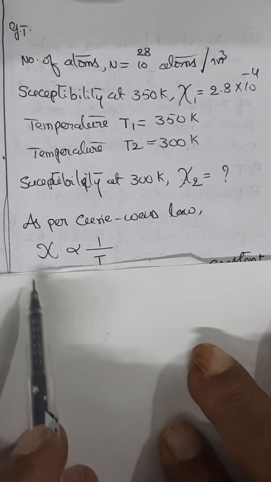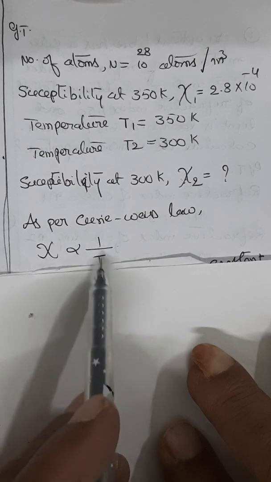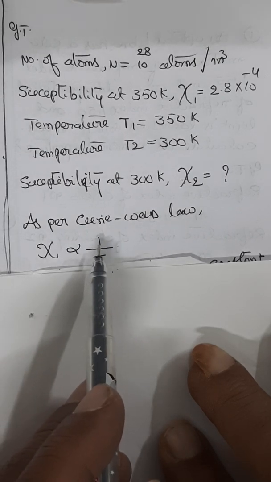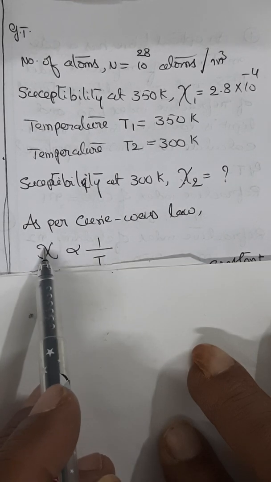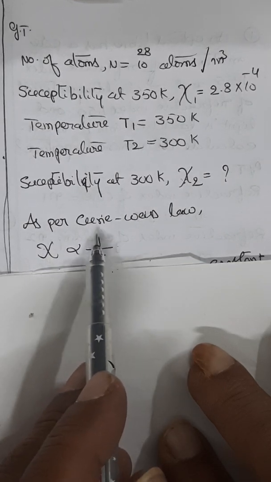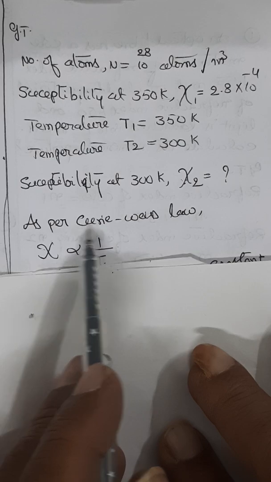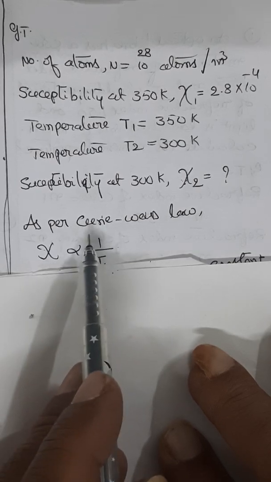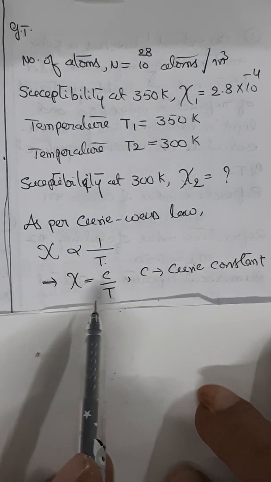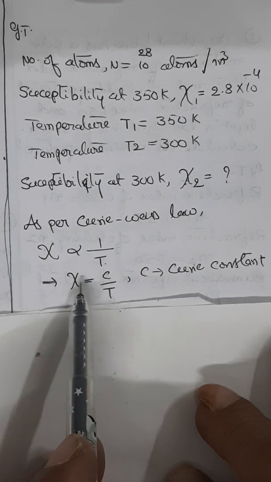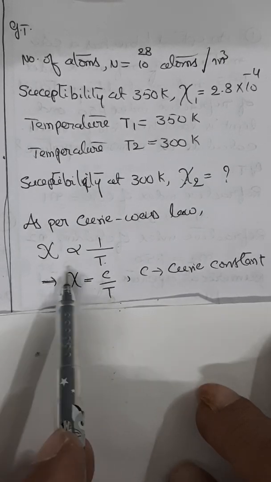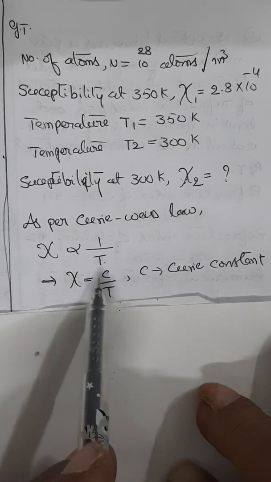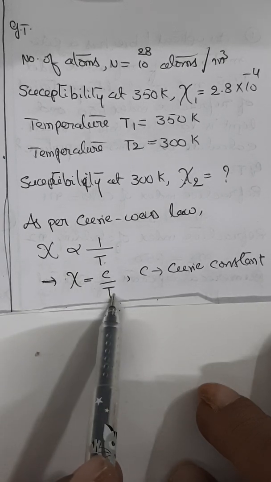Susceptibility is inversely proportional to temperature, which means susceptibility into temperature is equal to a constant. That constant is named the Curie constant C. So C equals psi into T. Curie constant means psi into T is constant.